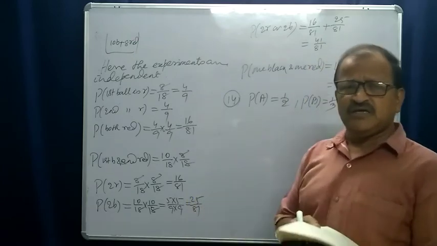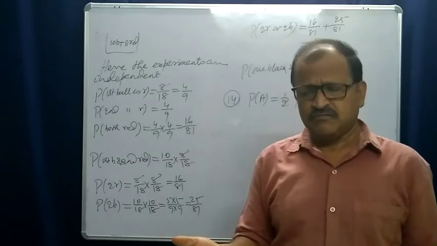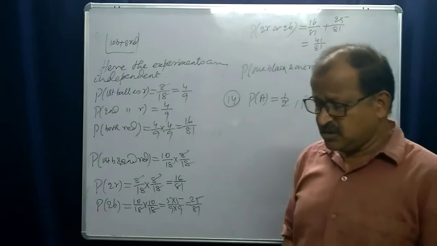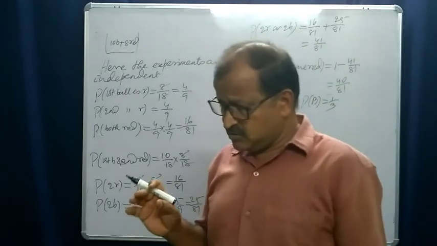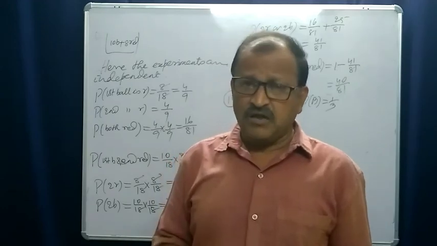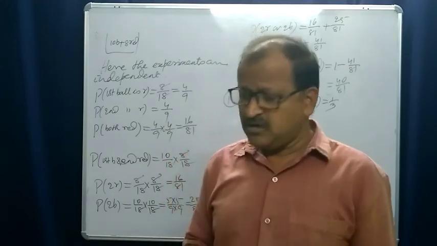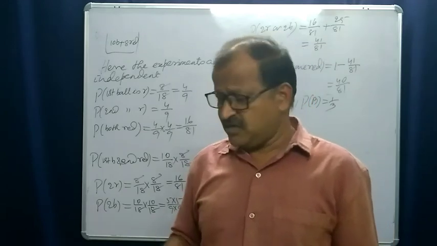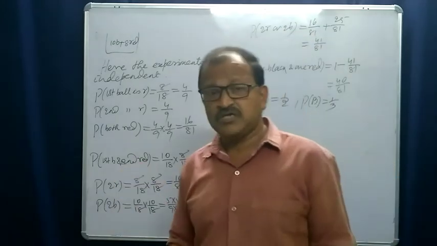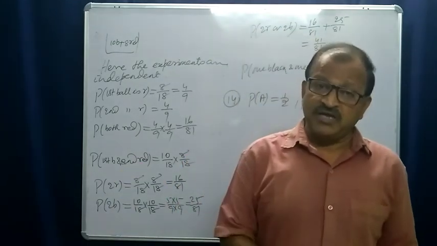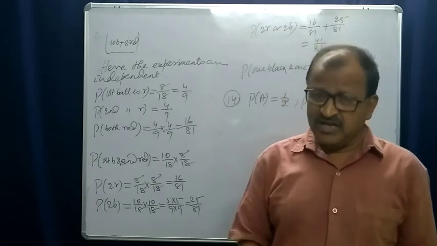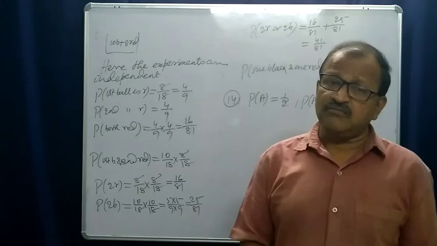Now you see, these two events are independent. One problem is given to two students. A may solve or may not, B may solve or may not. They are independent. If A solves, B may or may not solve.